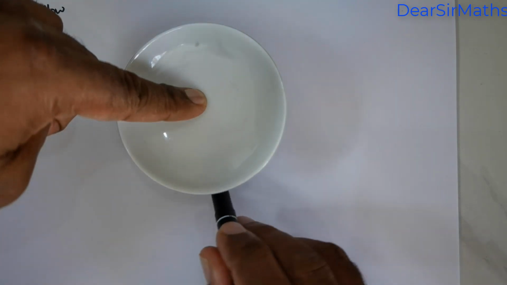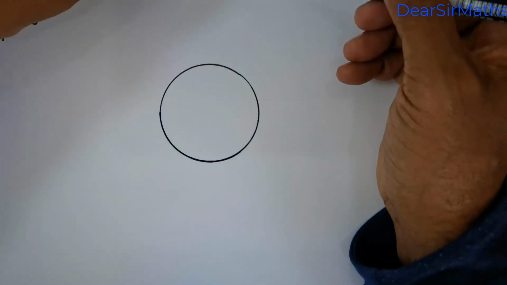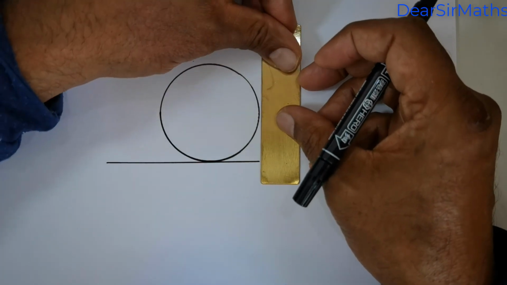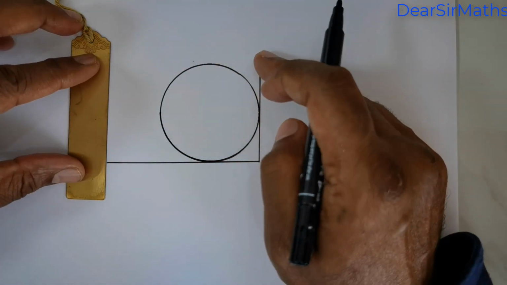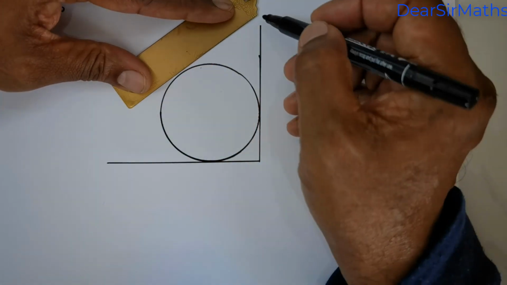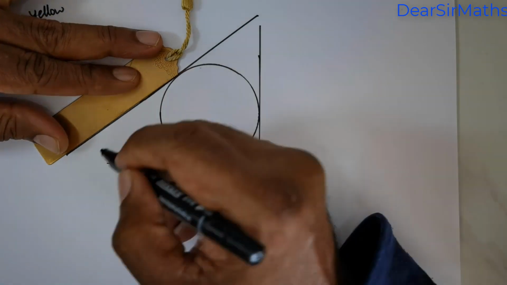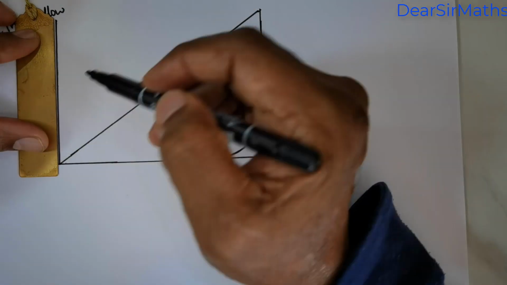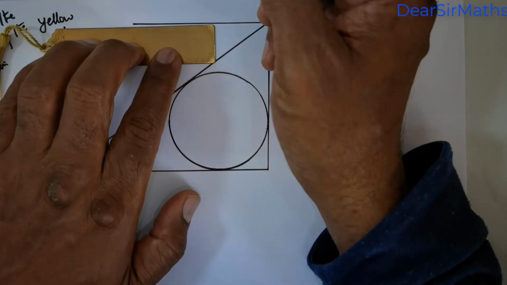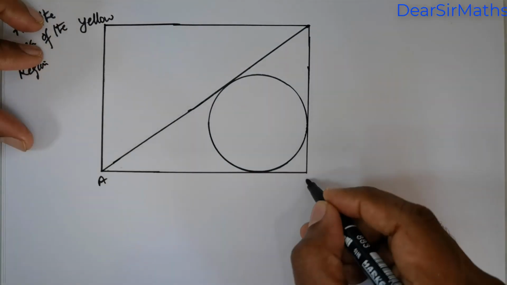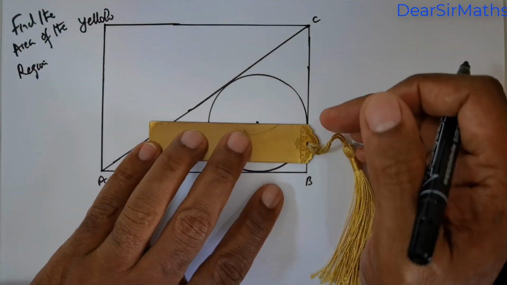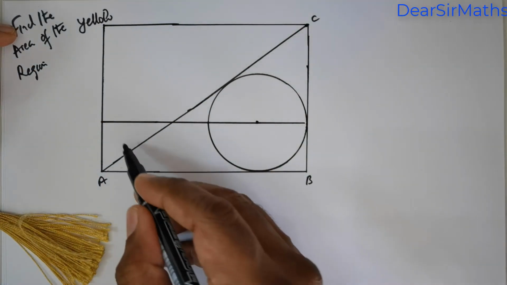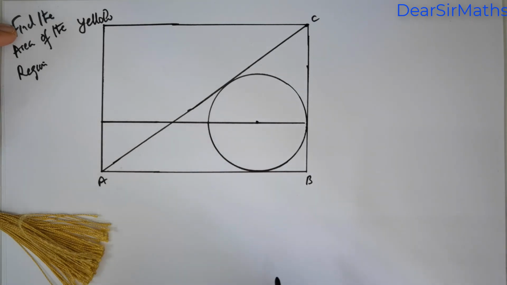We've been given the following figure. And it is creating a triangle here.